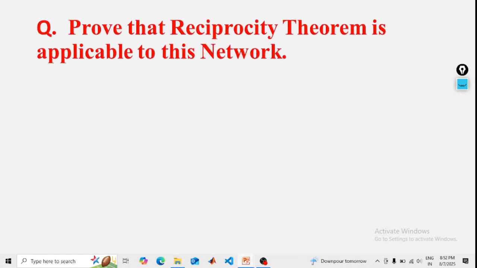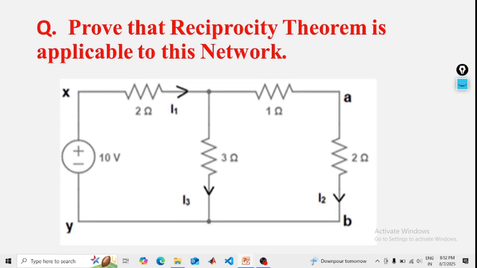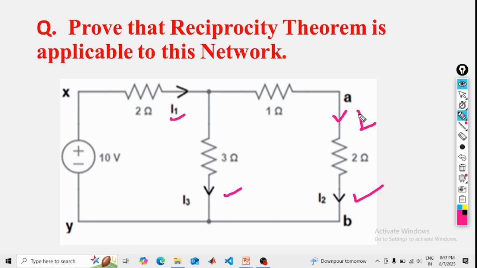Prove that the reciprocity theorem is applicable to this network. So this is the problem. This is the 10 volt source, and this is your I1 current, this is your I3 current and this is your I2 current. First we will calculate the current I2 flowing through A and B due to this 10 volt.